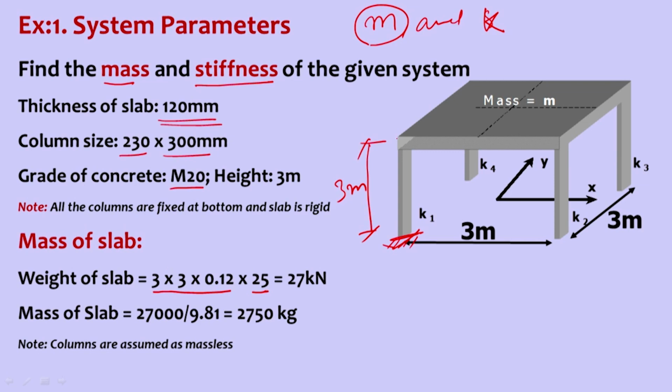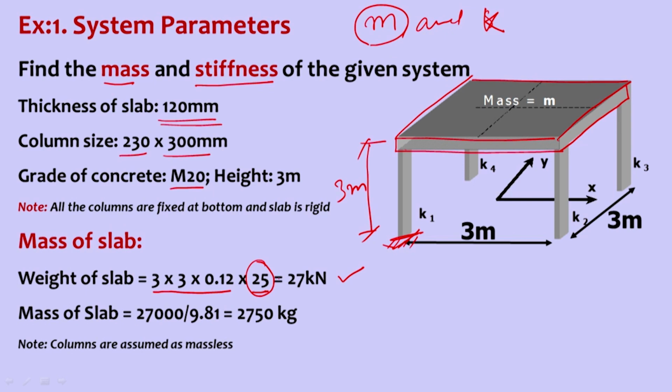So the volume is 3 meters by 3 meters by 120 mm thick, the volume of the slab concrete, multiplied by weight density. Since this is a reinforced cement concrete slab, 25 kilonewton per meter cube is the weight density. That gives us 27 kilonewton as the weight of the slab.